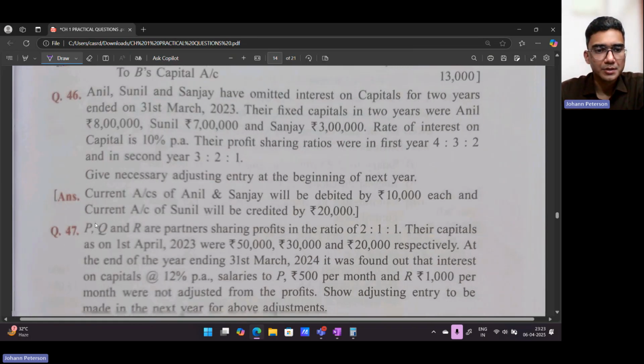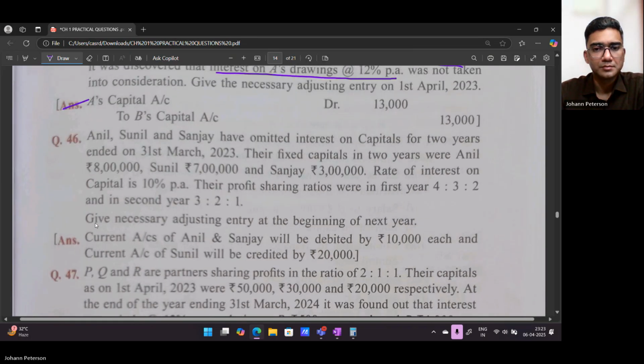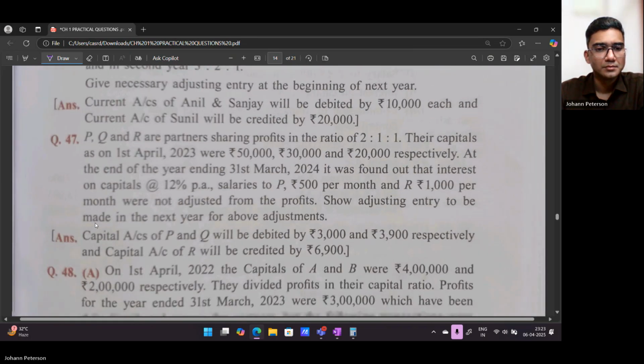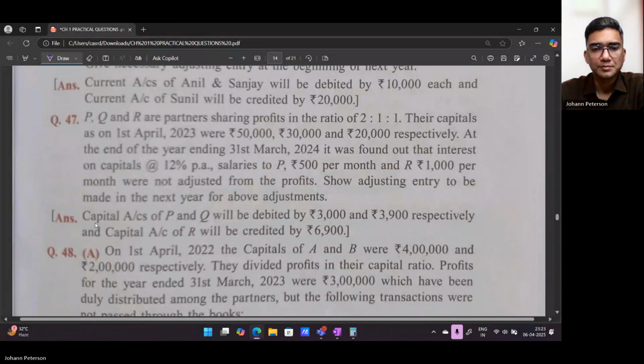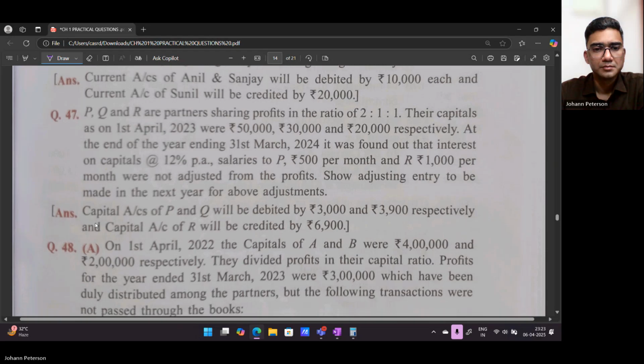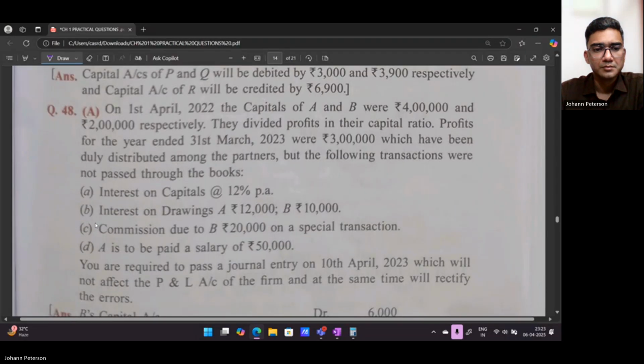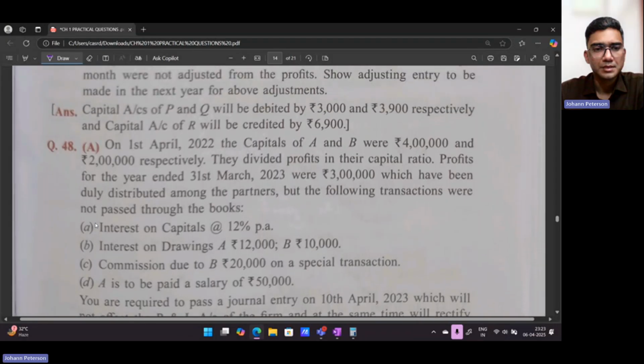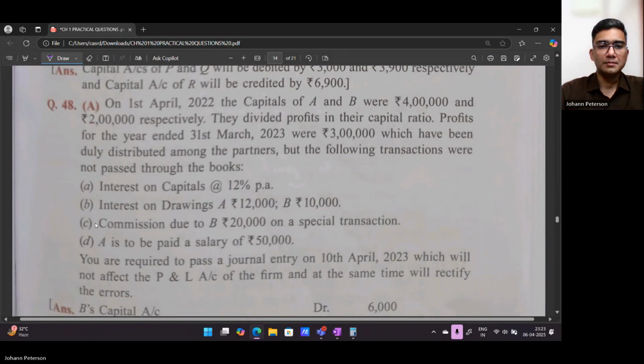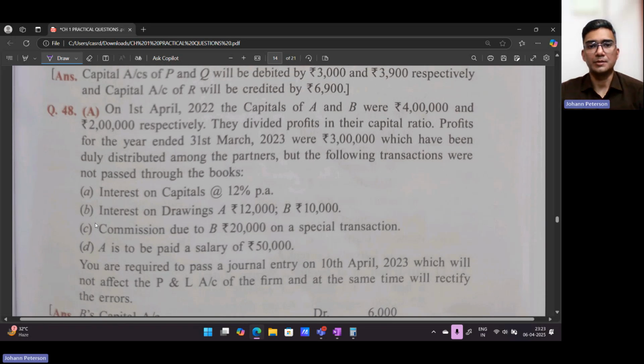Next one, let's see which one we should do. Let's try 48A. It says on 1st April 22, capitals of A and B were 4 lakh and 2 lakh respectively.